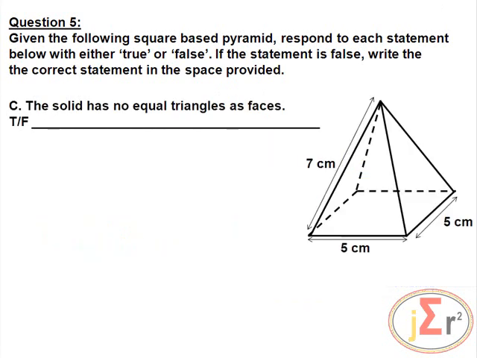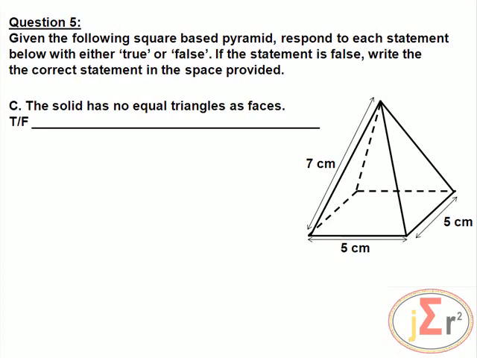C. The solid has no equal triangles as faces. The solid has no equal triangles as faces. Look at this. Square-based pyramid. This is saying 2 things. 1, that the base is not a triangle.